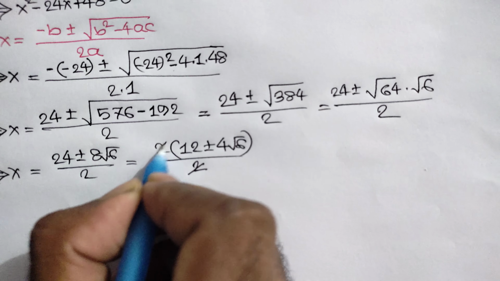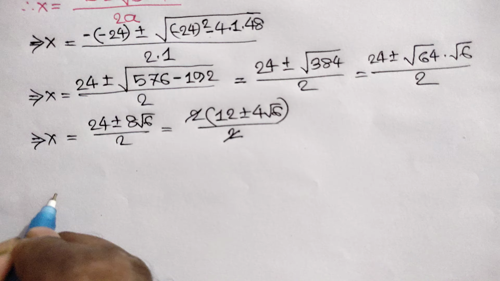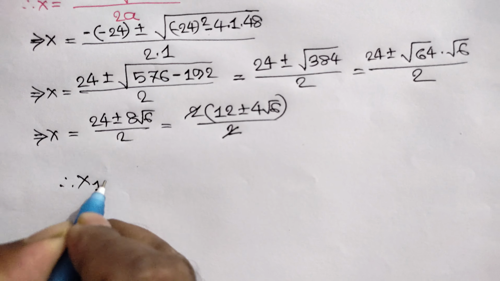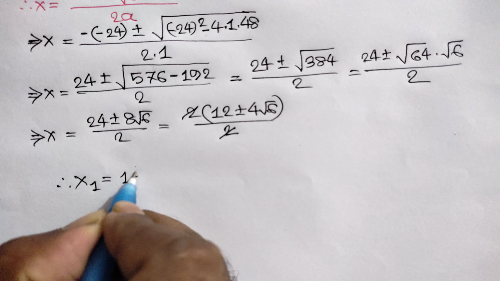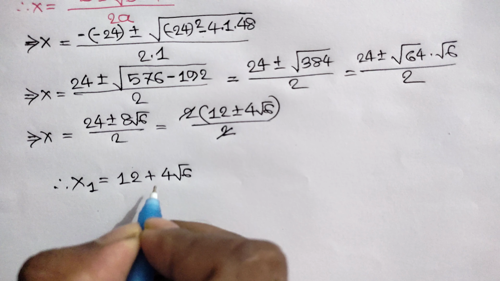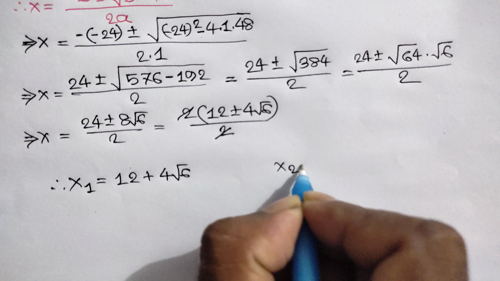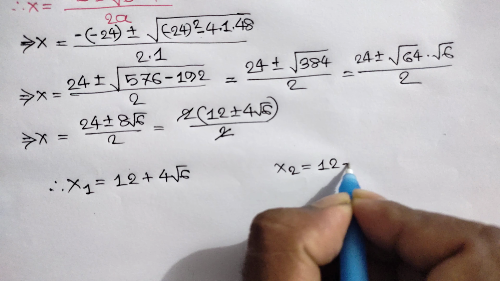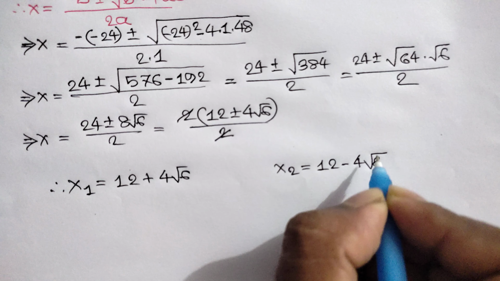Now these two cancel out these two, so we will get the value of x1 is equal to 12 plus 4 square root of 6, and x2 is equal to 12 minus 4 square root of 6.